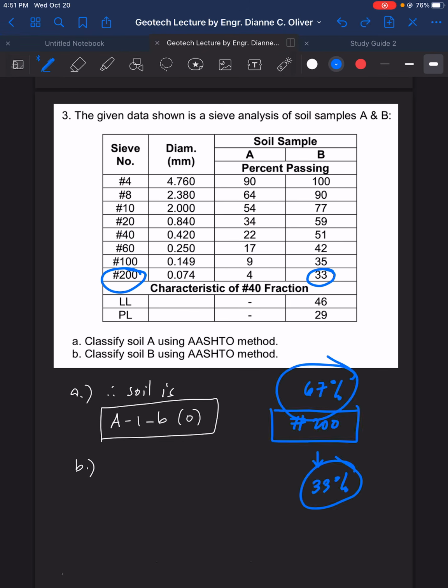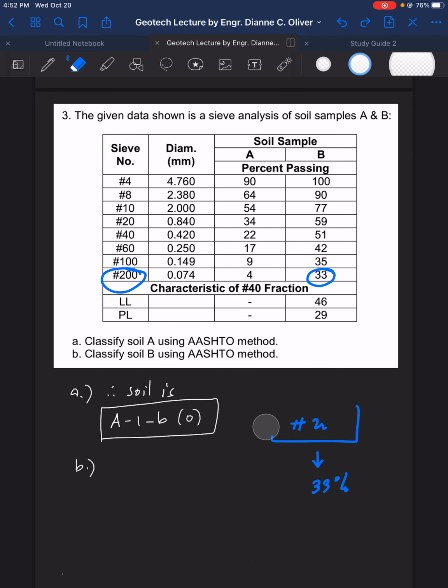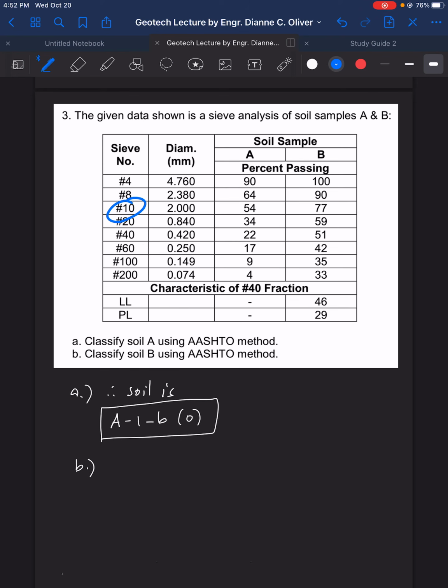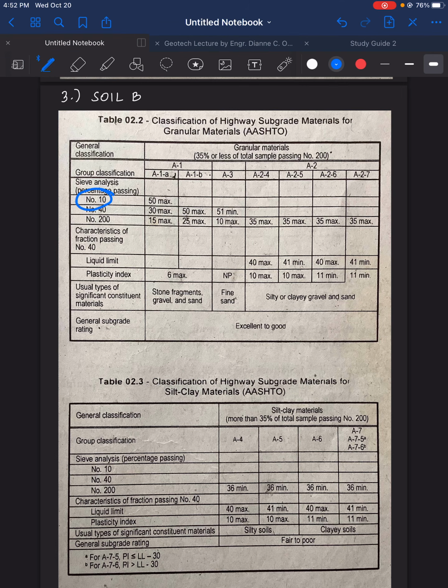For number 10, the percent passing is 77. So, is 77 satisfying this criteria here? 50 max. No. So, let's go here again.